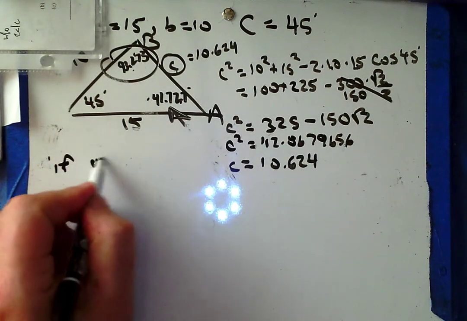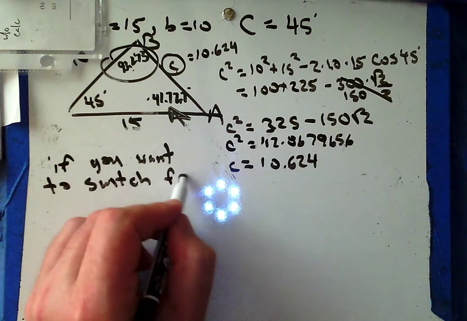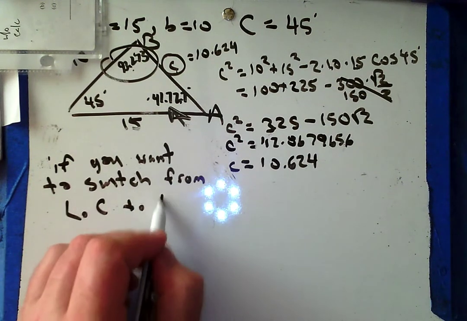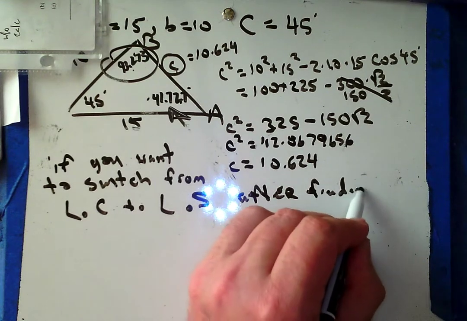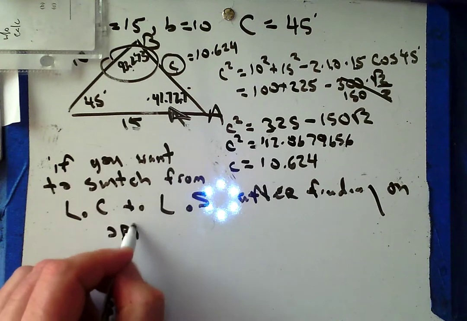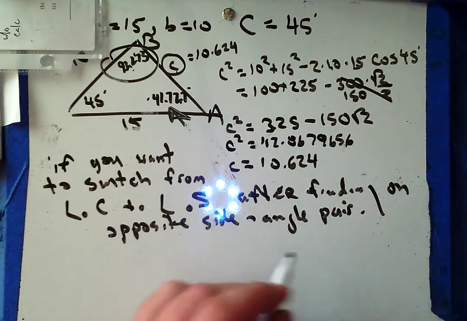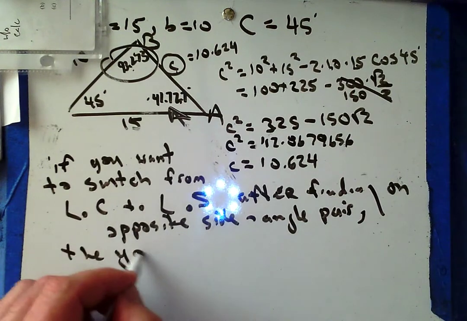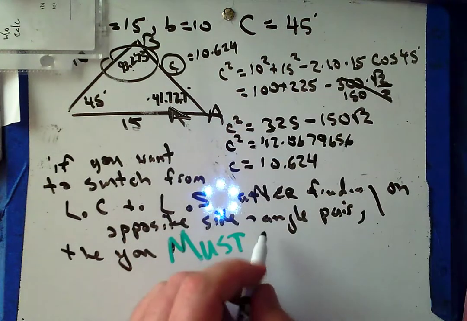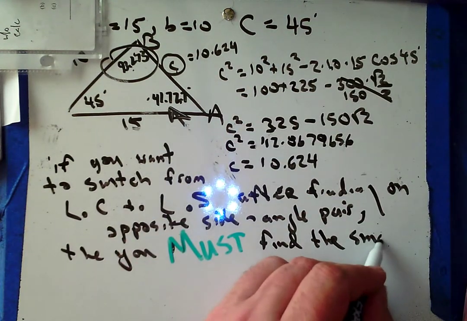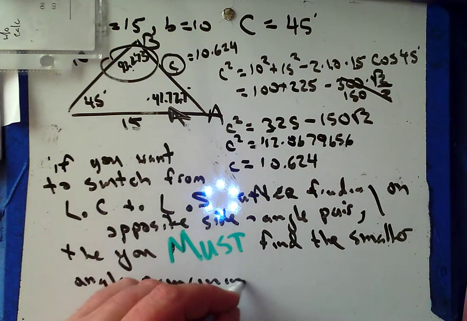So if you want to switch from law of cosines to law of sines after finding one opposite side angle pair, fine, then, let's change colors for this, you must find the smaller angle remaining first.